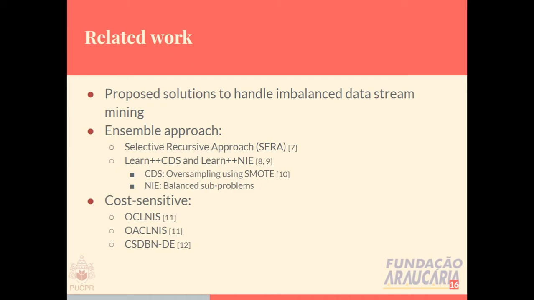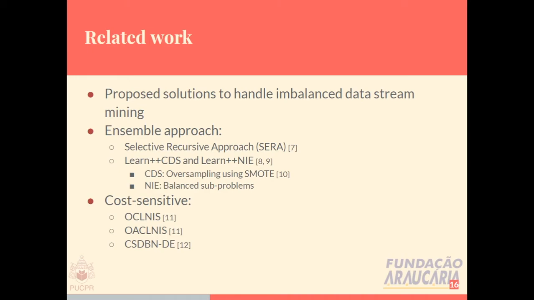Both Learn++.CDS and Learn++.NIE interpret a data stream as successive batches as well. The CDS variation uses both to resample instances that are incorrectly classified in a batch, and a new classifier is trained on this enriched batch and may replace a current classifier. The NIE variation is to train each of the classifiers on balanced subsets.